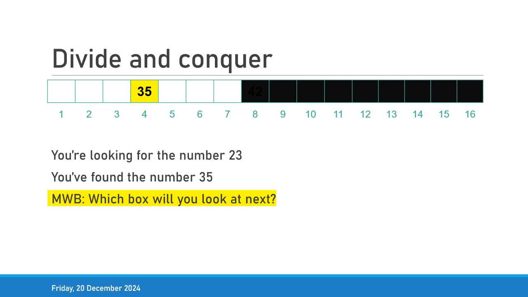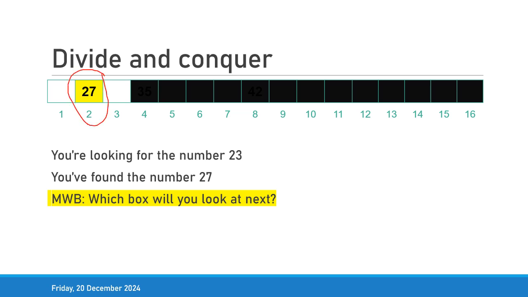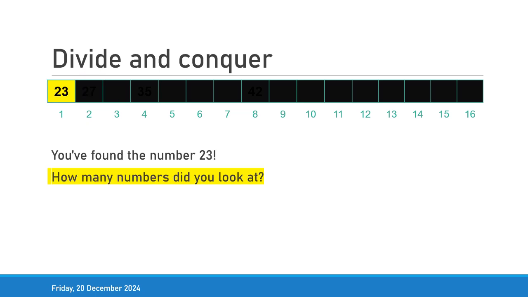Well, we know that 23 is less than 35, so again, we can delete everything from 35 onwards, and then we're left with 3 boxes there. Next one is 27 in position number 2, and we know that 23 is below that, so we can delete everything there. So in box number 1 is the number 23.